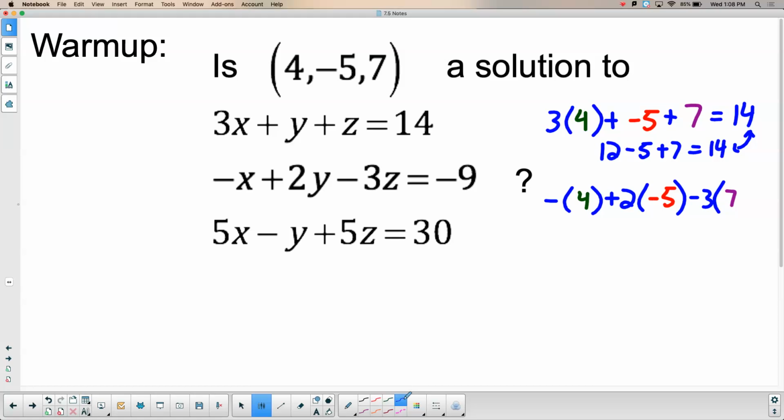And that's got to be -9. So what do we got there? That's -4 minus 10 minus 21 is -35. And those don't work out. Okay? So therefore it is not a solution.